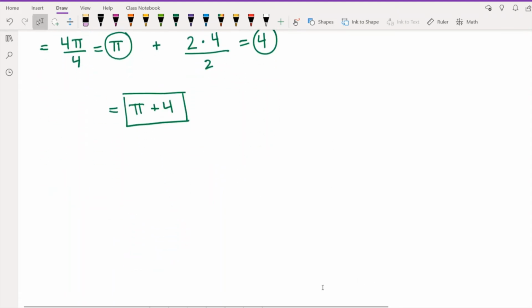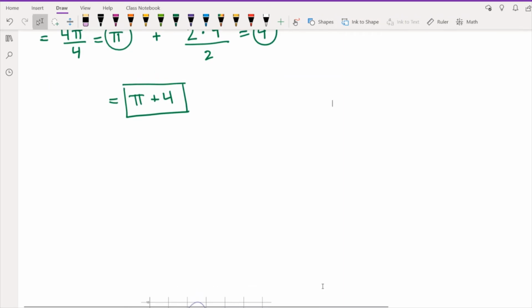So one thing I just want to mention before we move on to the next rule is a non-rule. So something that is not true. And this is a really common misconception, and we're definitely going to talk more about this once we get into actually evaluating integrals.